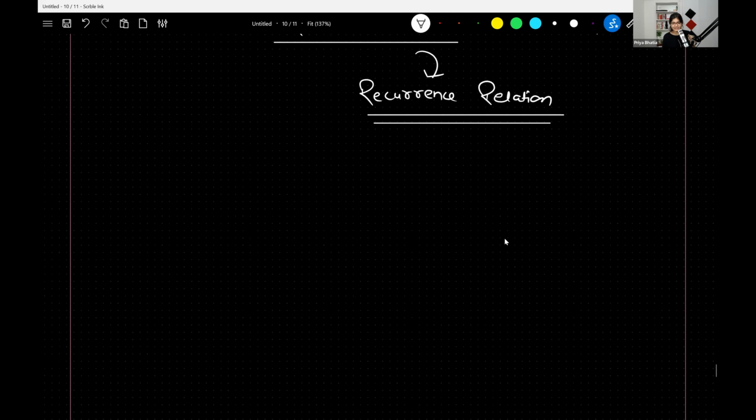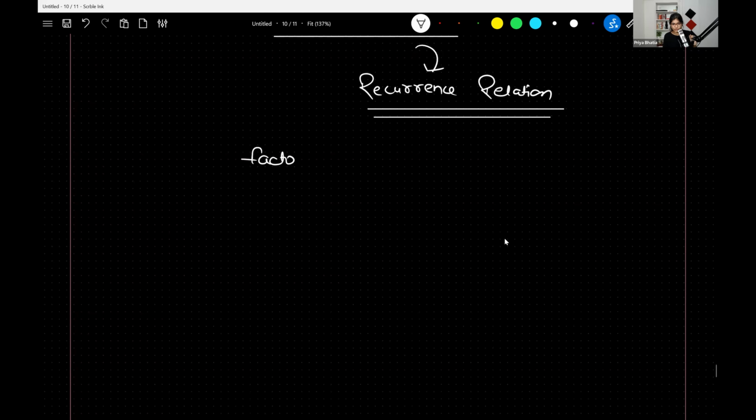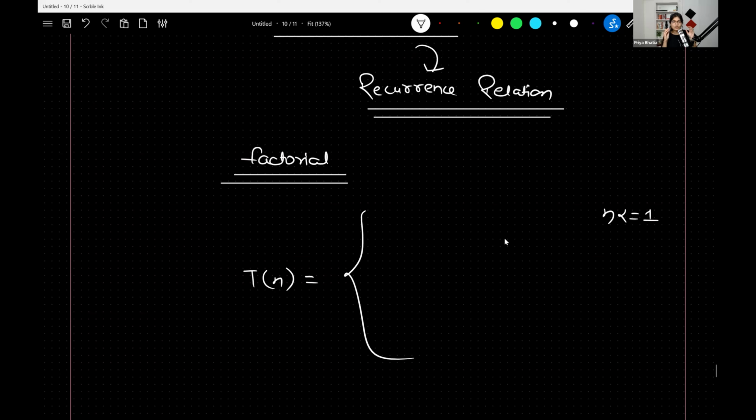In the factorial of a given number code, T of n, when my value of n is less than or equal to 1, when n is small, either 0 or 1, it's a constant because it's a base case condition, as we just discussed.